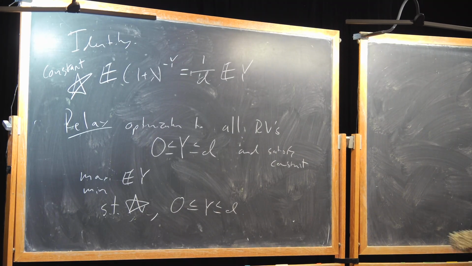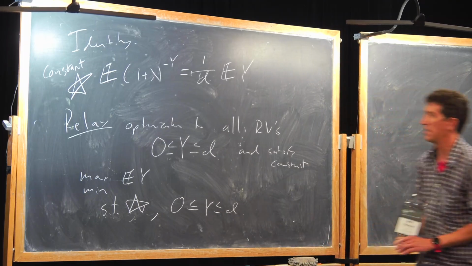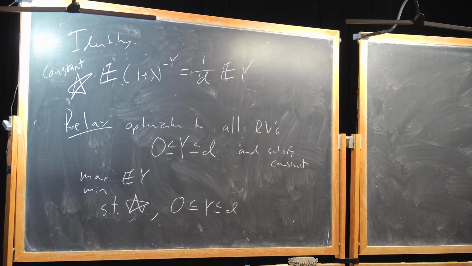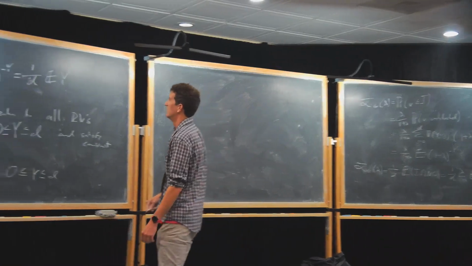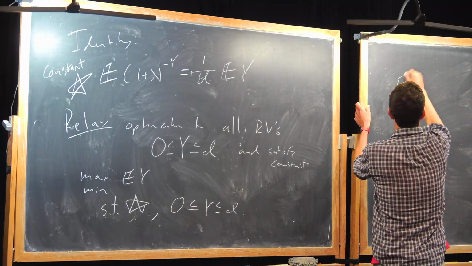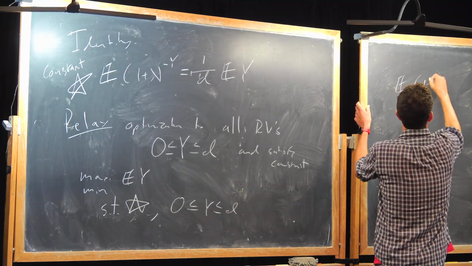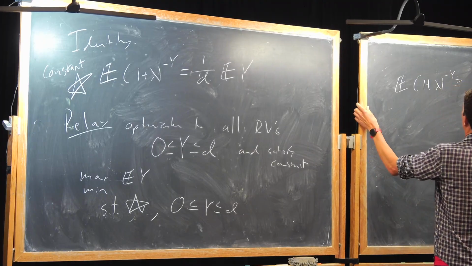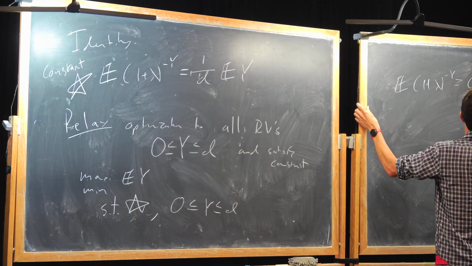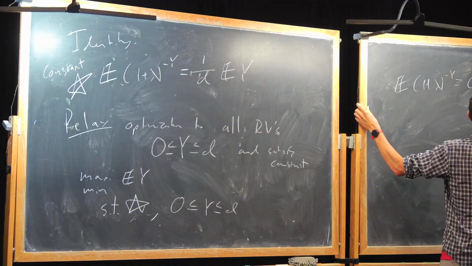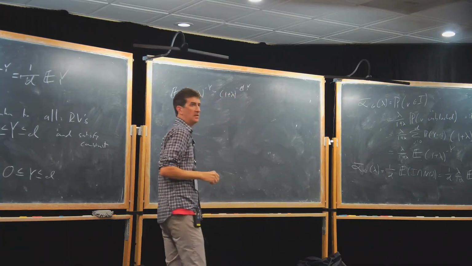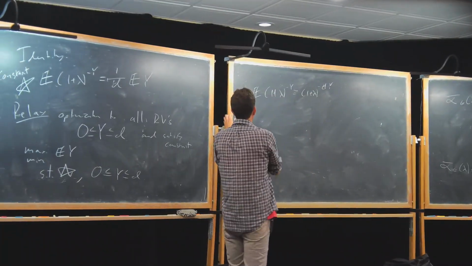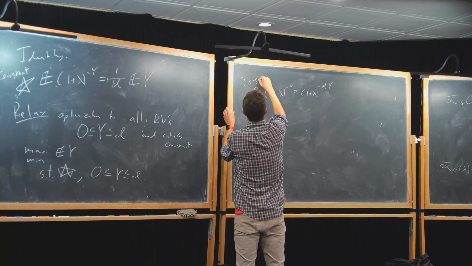It's just Jensen's inequality. So expectation of (1 plus lambda) to the minus y is at least (1 plus lambda) to the minus expectation y. And so what does that say? That's Jensen.